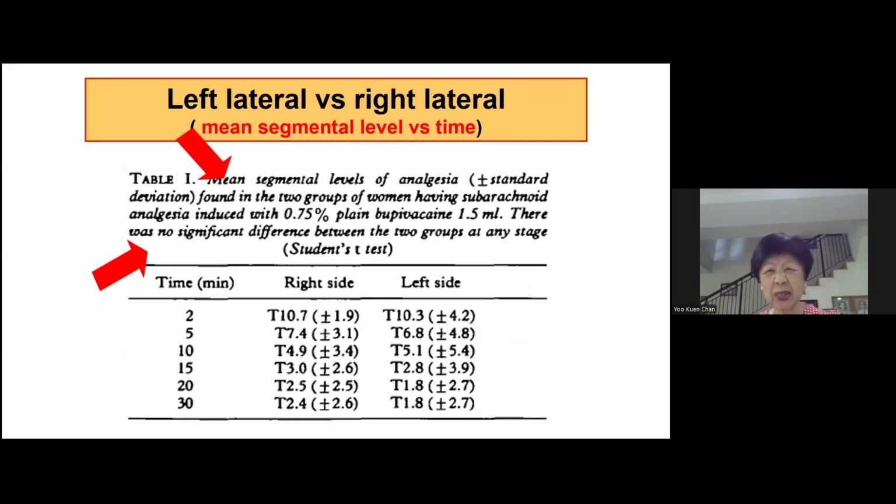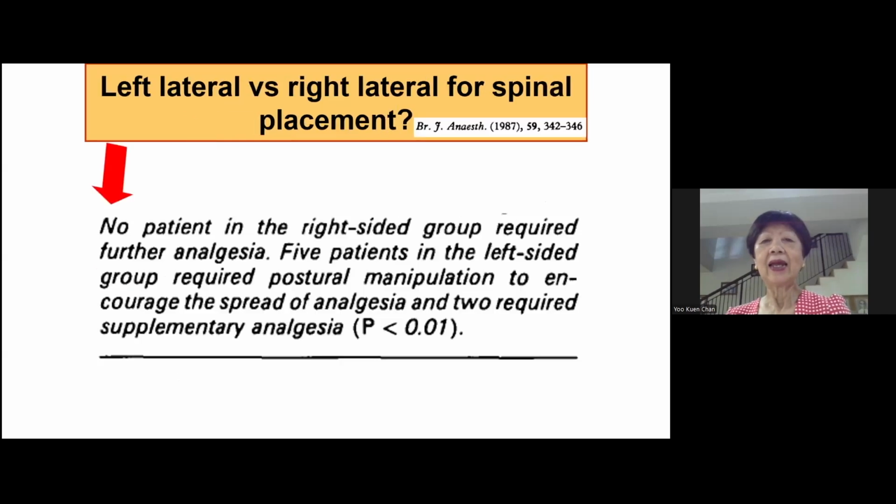So you're going to say, YK-chan, what then are you advocating one position over the other? What they did with the data was very interesting. They actually looked at all the right-sided group patients, that means those who were placed in the right lateral, and they found no further analgesia was required.